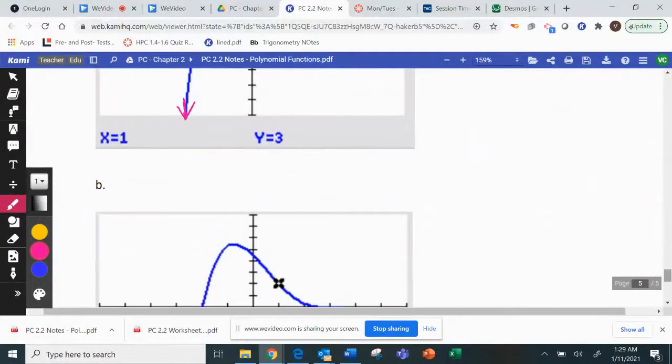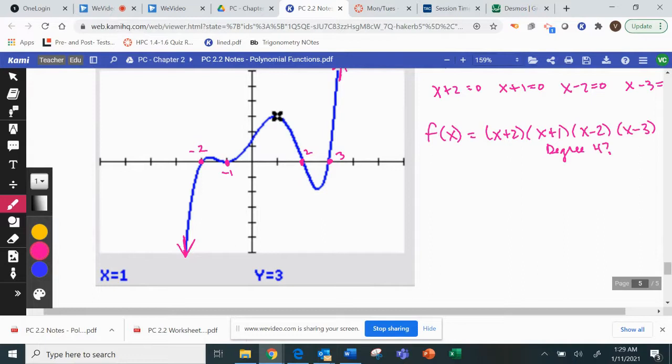So when I zoom in on each of these, you should notice that one of them has a mini little parabola on it. So that one has a relative min. That is telling me that this has a multiplicity of 2.